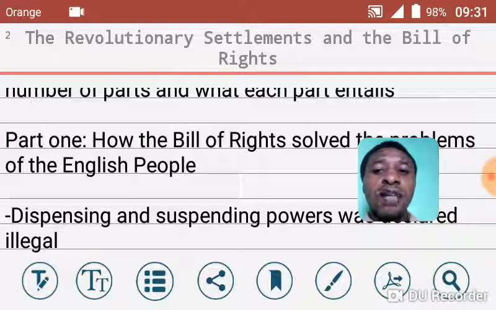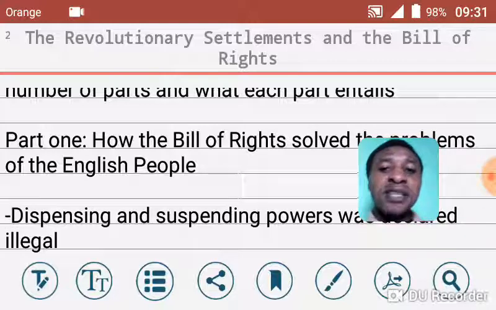Looking at it, we'll understand that dispensing and suspending powers was declared illegal. James II, the tyrant, had assumed dispensing and suspending powers where he ruled England without the consent of Parliament. For example, in 1687, James II dispensed with Acts of Parliament, where the English Parliament became a rubber stamp parliament, and he did not consult Parliament in anything.